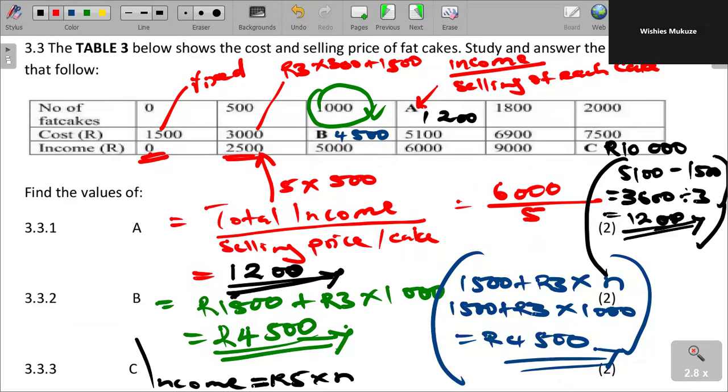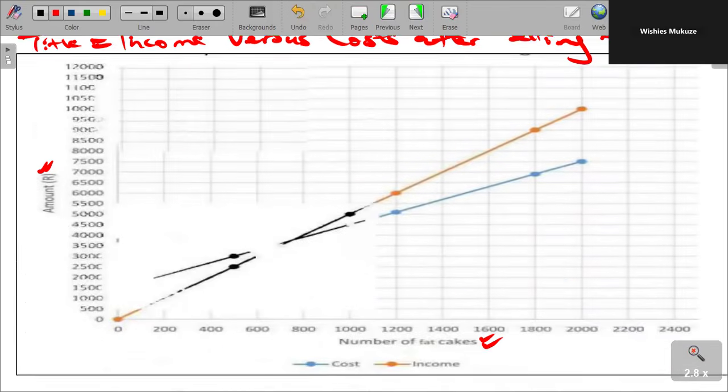For the number of cakes, we have 0, 500, 1,000, 1,200, 1,800, and 2,000, which are the numbers of cakes that we are going to use.